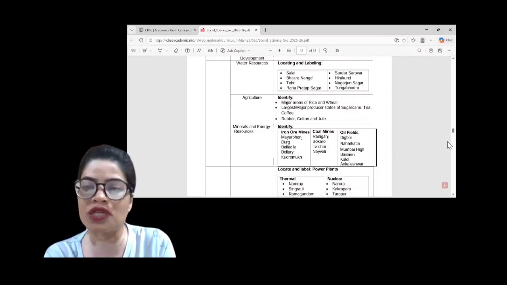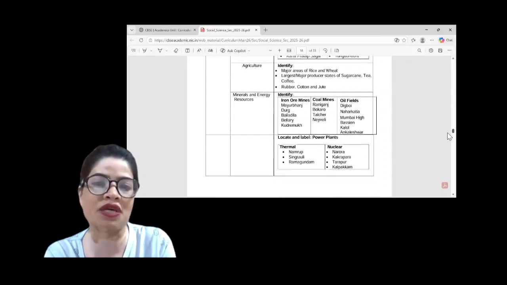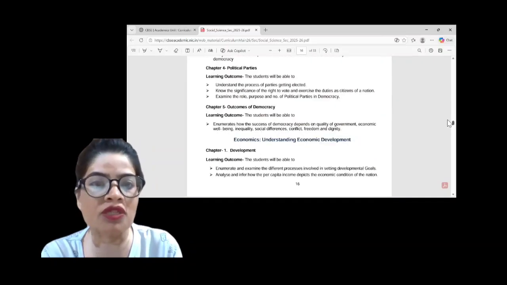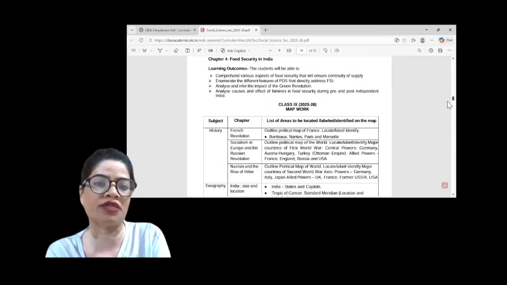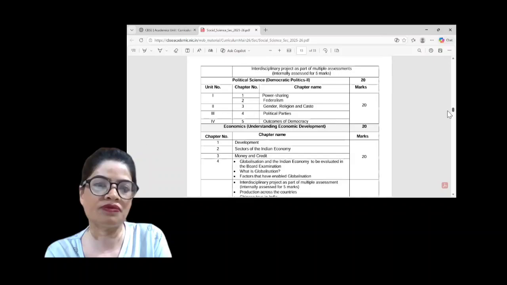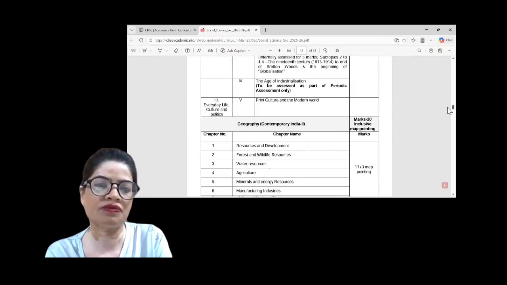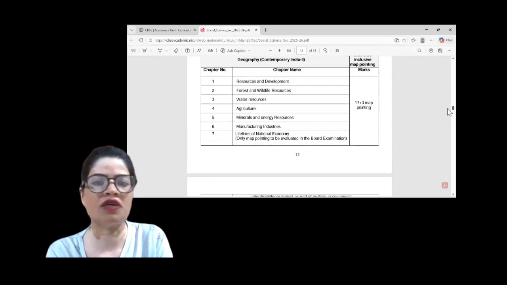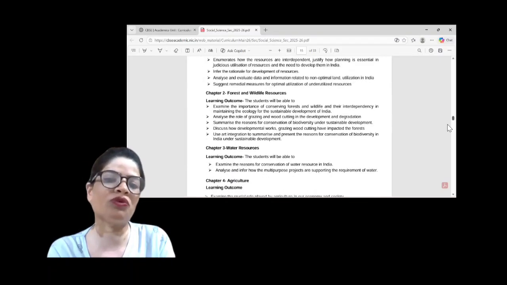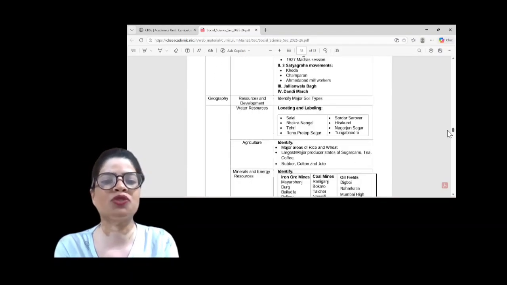Then in mineral and energy part, not only map is coming, the whole chapter is coming, but map part is also there. So we will be doing the map too.